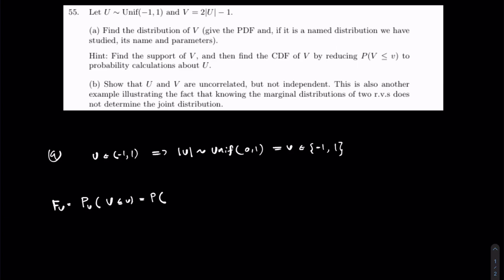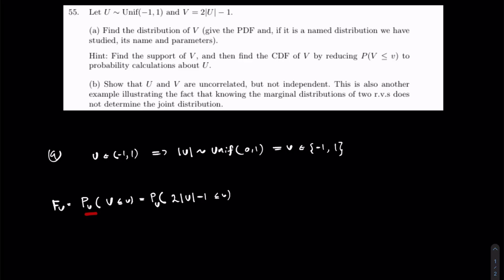Now we know that v is simply this function of a random variable. And now we have substituted v for u, so I like to write that we are in the domain of u now instead of v.